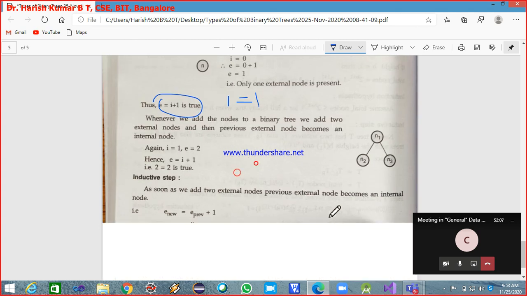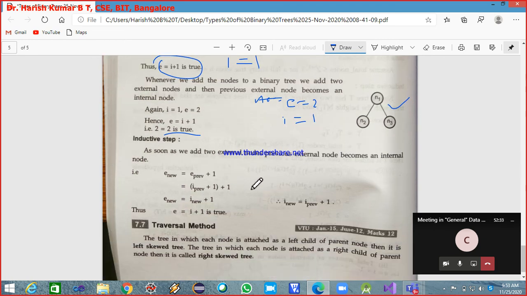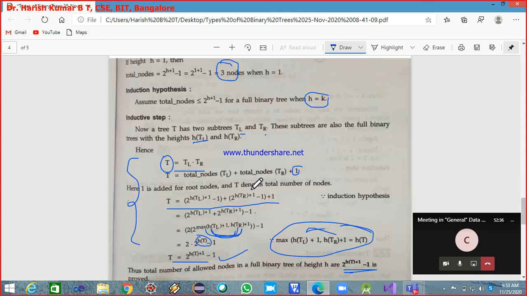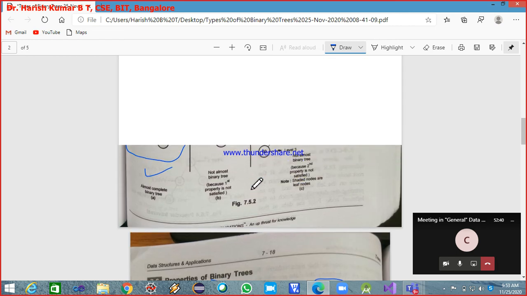So for one node it is proved, and similarly we try to prove it for two. Instead of n0 let me take it as E here. E is equal to 2 and I is equal to 1. I have two external nodes and one internal node. So when I apply it again, I am getting 2 is equal to 2. So it is proved for two external nodes also, and similarly for n external nodes by applying the induction property similar to this.